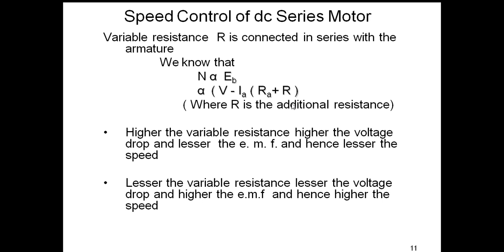And in the same fashion, the lesser the variable resistance, the lesser the voltage drop, that is IA into (RA plus R), and higher the EMF, and hence higher the speed.